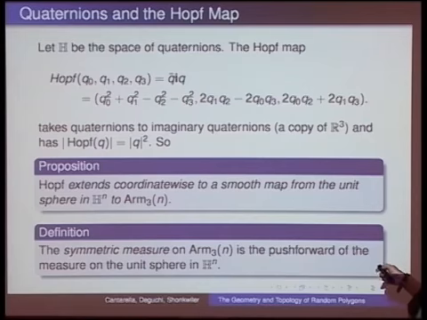So remember that quaternions are given by 4 coordinates. There's a real part and then 3 different imaginary parts, i, j, and k.